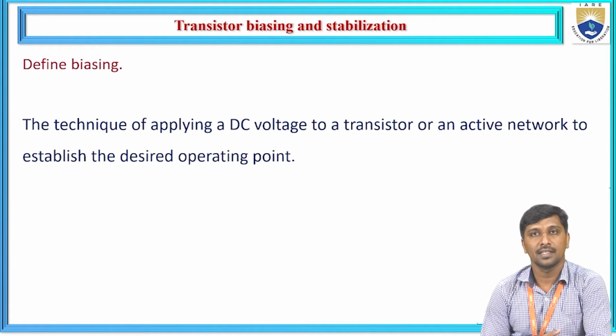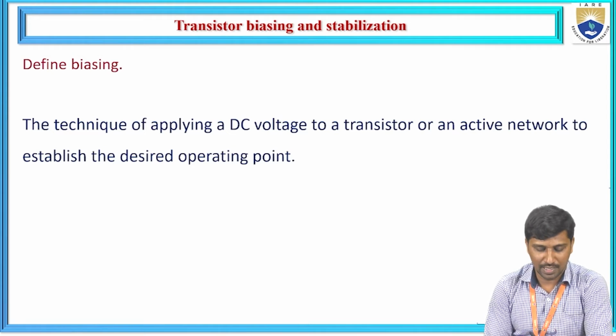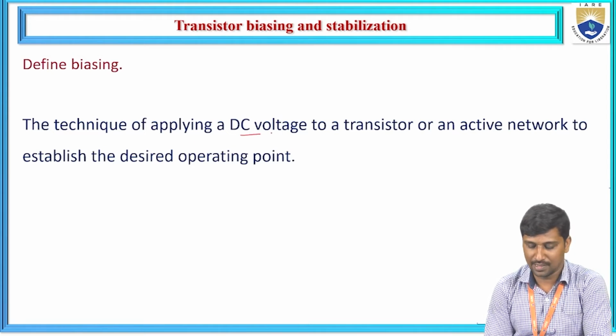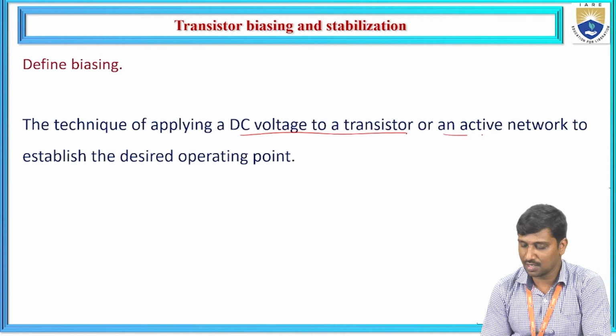Similarly, in a transistor, we need to identify a proper operating point, a quiescent point. Then we need to apply an external force between the input terminals and output terminals. Hence, the technique of applying a DC voltage to a transistor or an active network. What is an active network?